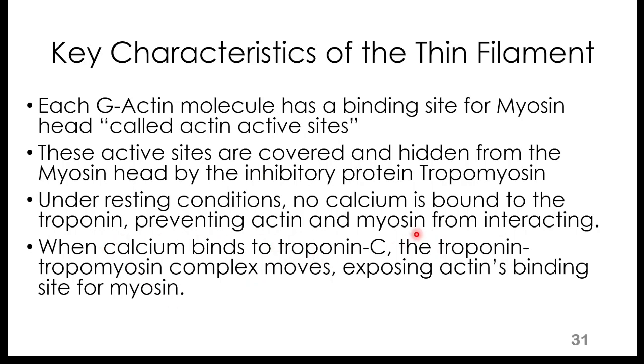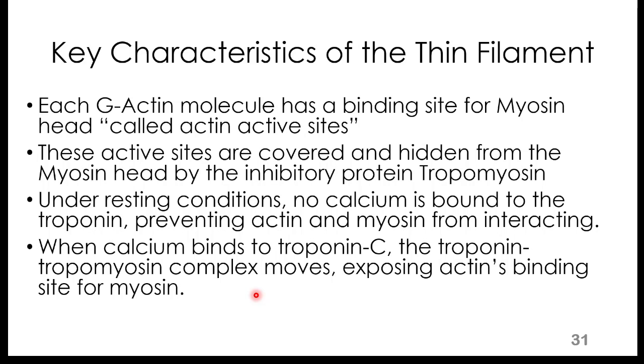All right. So under resting conditions, no calcium is bound, and this prevents actin and myosin from interacting. When calcium binds to troponin C, then the tropomyosin complex moves, thereby exposing the actin binding sites for myosin. So this just tells us that before contraction can happen, calcium is essential.